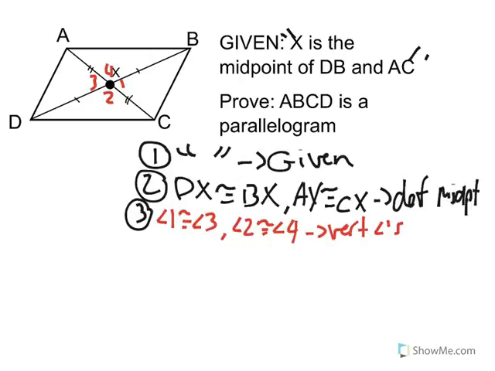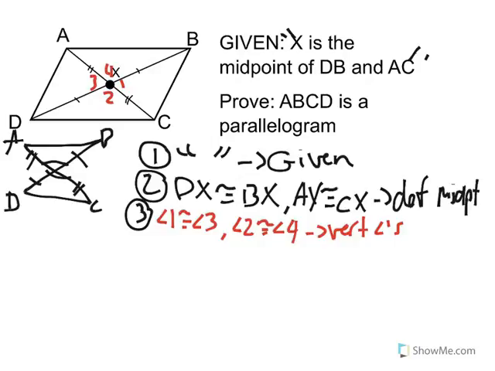Now if I draw some triangles outside of the picture, here to here, double, and double. This is A, B, C, D, and X. And we have another set of triangles. This is B, C, A, and D. And those are your vertical angles.